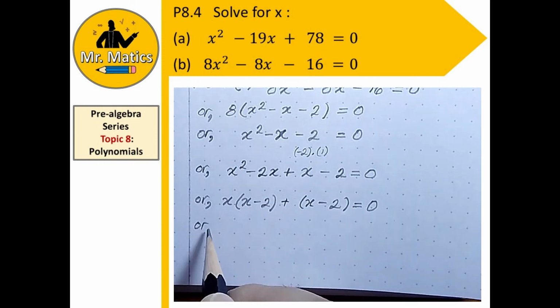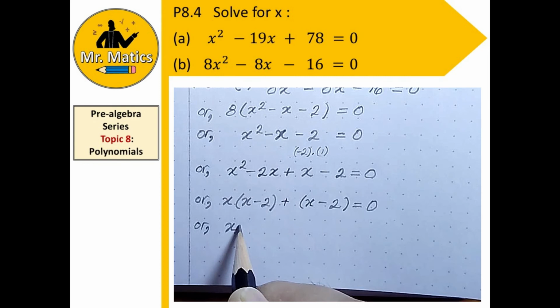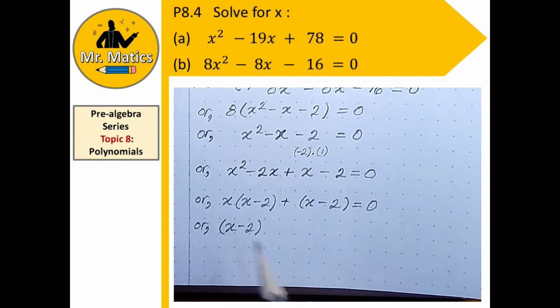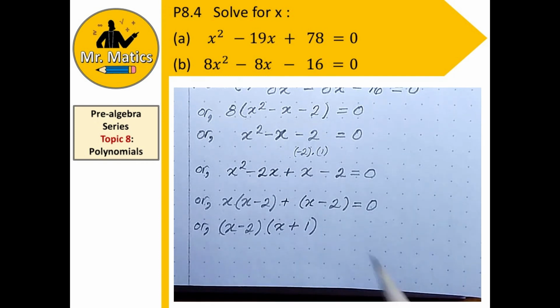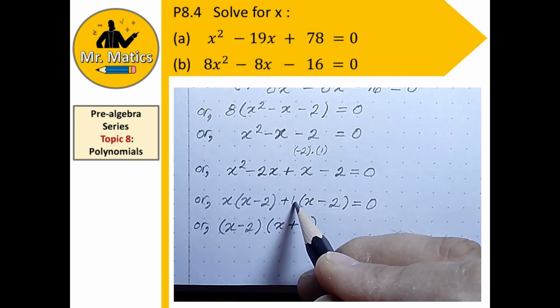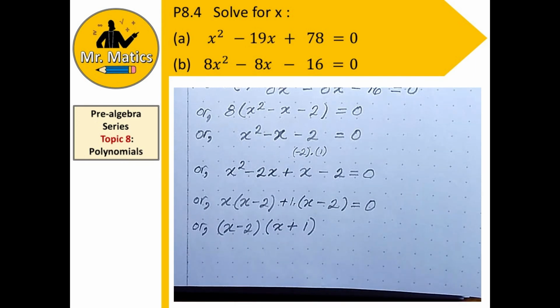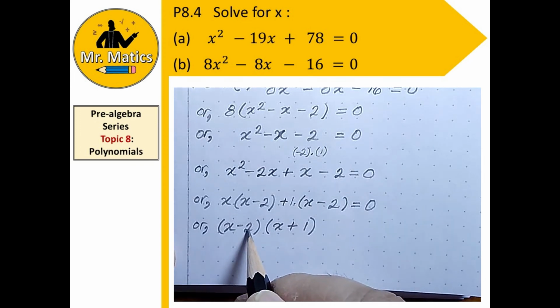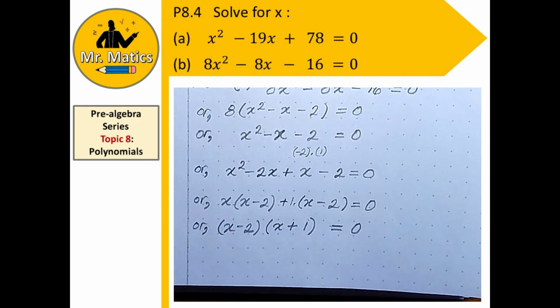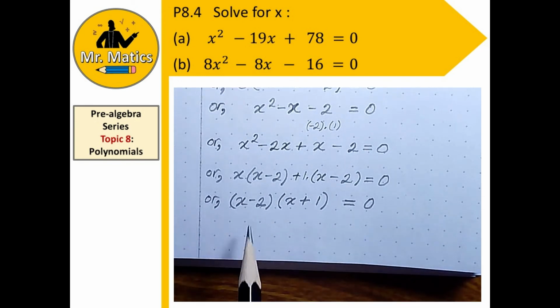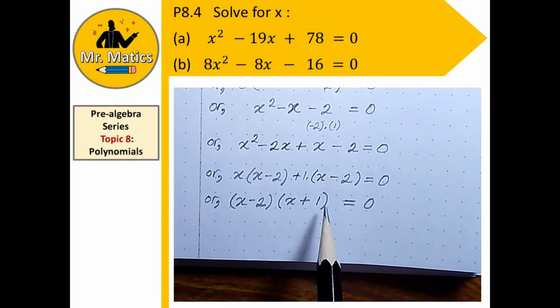Or x minus 2, we'll take them in a bracket, and what remains is x plus 1, because this is ultimately a factor of 1 times x minus 2. So that's what will remain: x minus 2 times x plus 1 equals 0. Now you can see that either this factor is 0 or this other factor is 0.